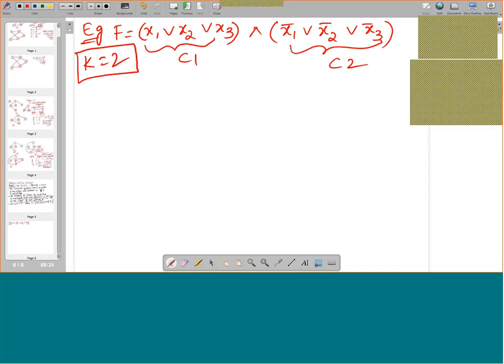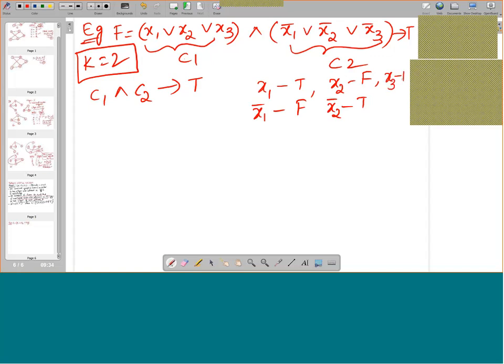In order to make the entire formula true, C1 and C2 must be true. So we have to assign truth values to some variables. I am assigning x1 equal to true, so x1 bar will be false. I am taking x2 equal to false, so x2 bar will be true. And I am taking x3 equal to false, so x3 bar will be true.